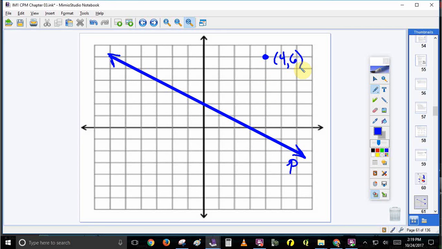So let's find the equation of a line that is perpendicular to line P that goes through point 4, 6. Okay, guys, I'll see you next time.